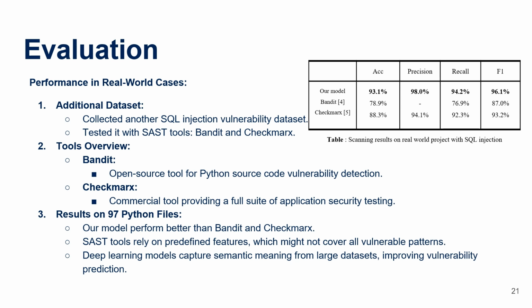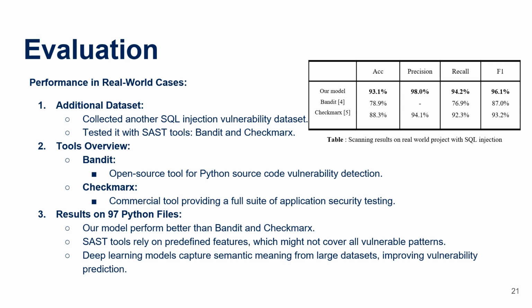The precision of Bandit is 1 due to its predefined features. It has very little chance to generate false positives. We can see that our model performs better.